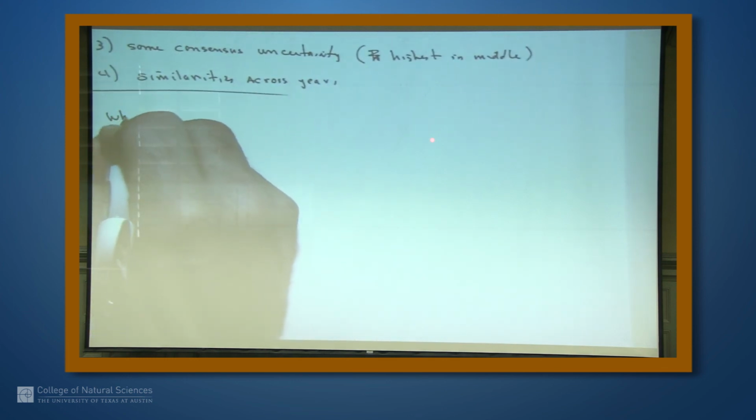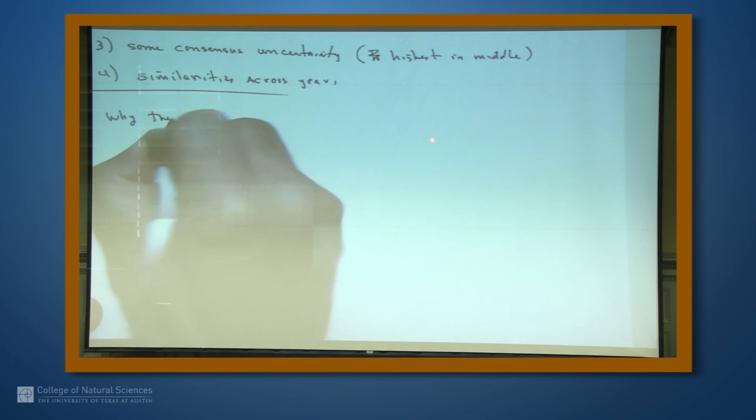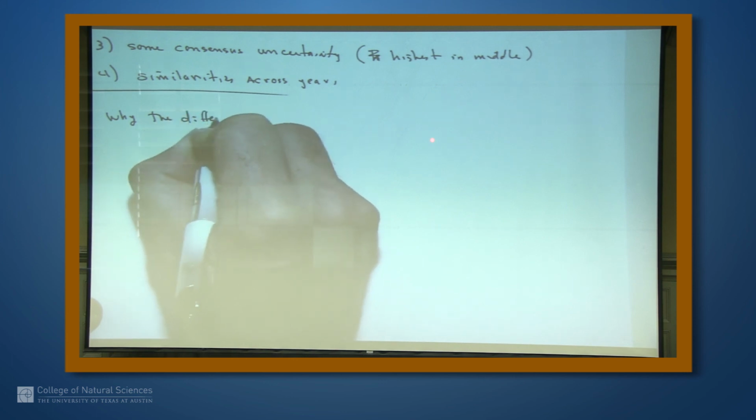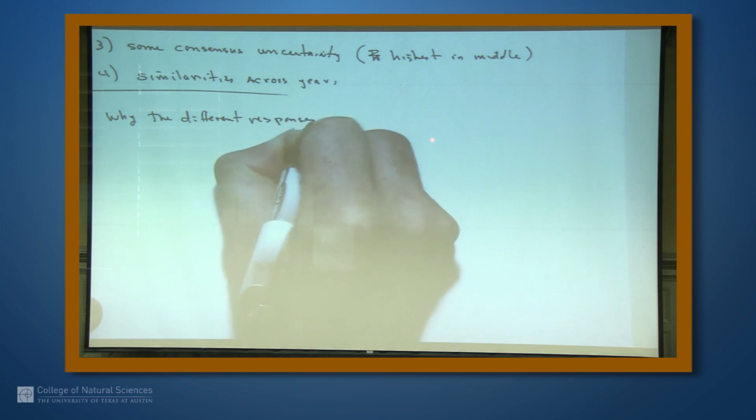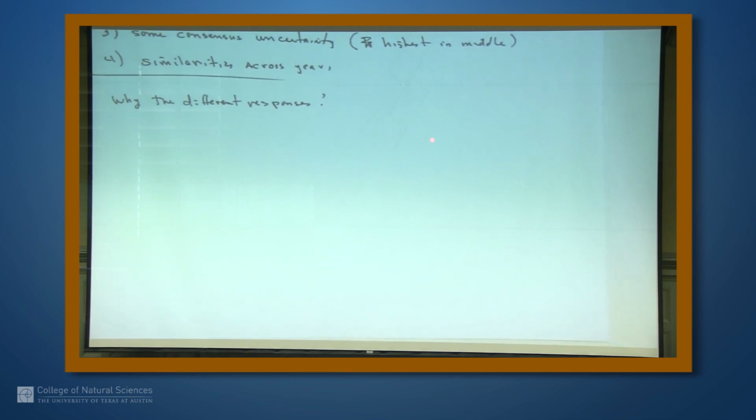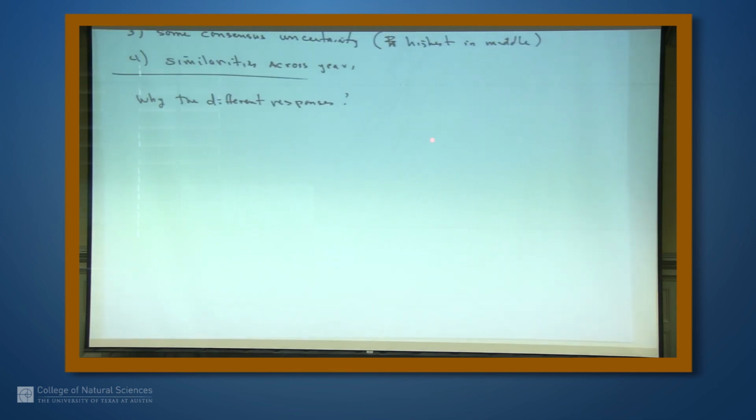So what I want to put to you now is why the different responses. Give us some ideas. As you suggest things, we'll list them off to the side, and then I'm going to lump them together into things.